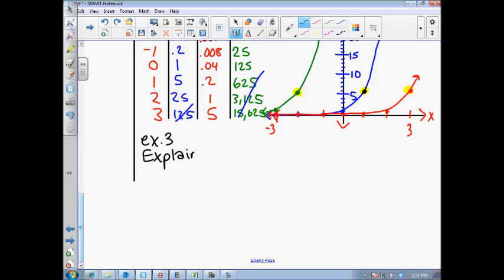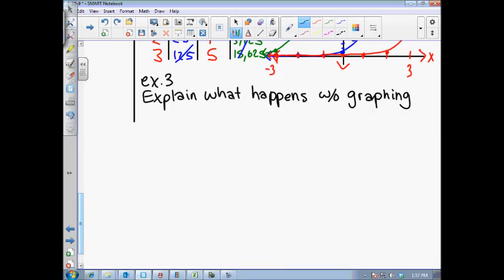Explain what happens without graphing. Y equals 4 to the x plus 8.